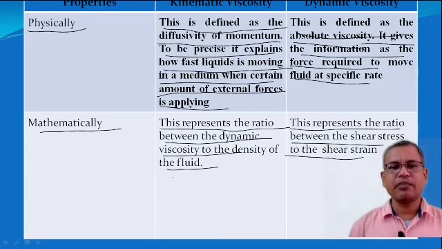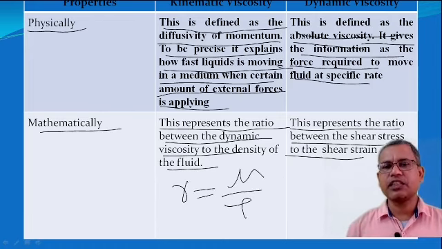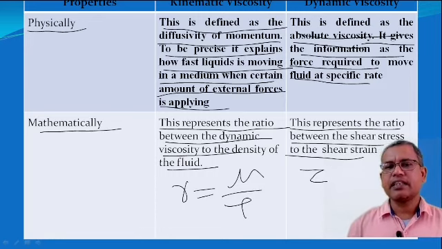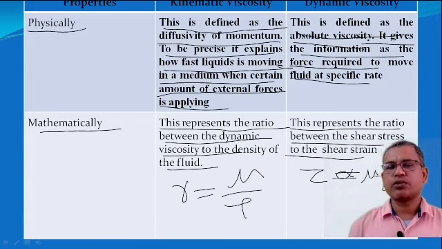So kinematic viscosity is written as nu equals mu divided by rho, whereas for dynamic viscosity, we know that shear stress, represented by tau, is directly proportional to mu, so directly we can write tau equals mu into du by dy. So this represents the ratio between shear stress and shear strain.